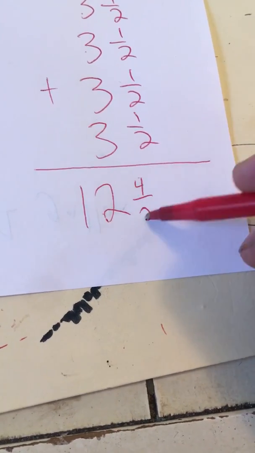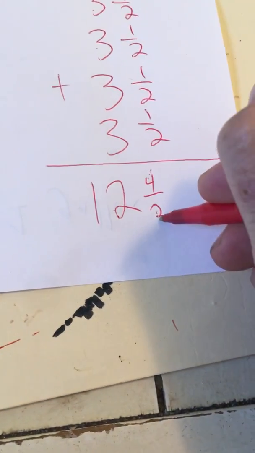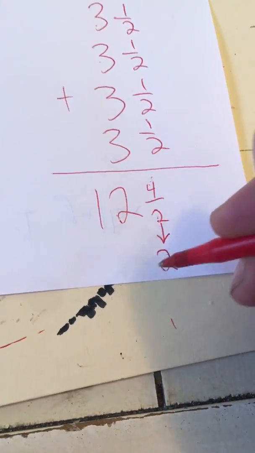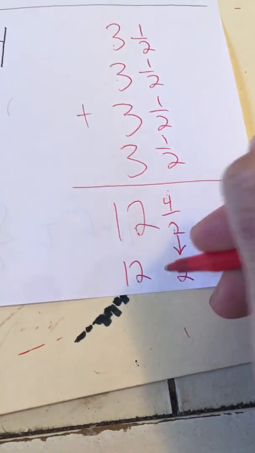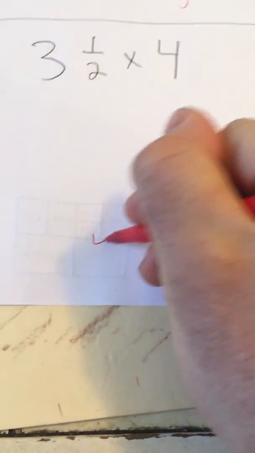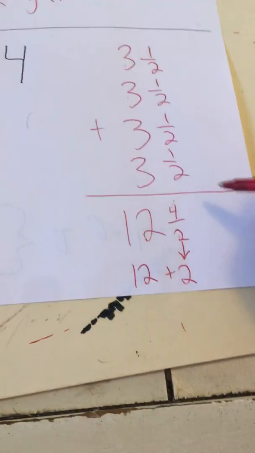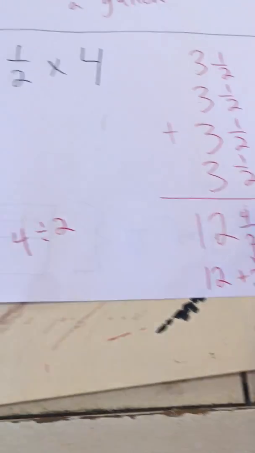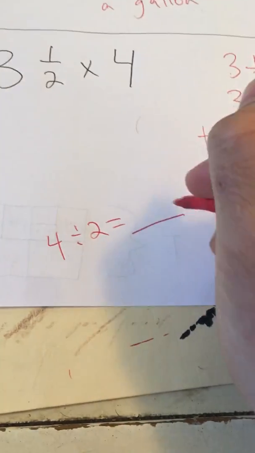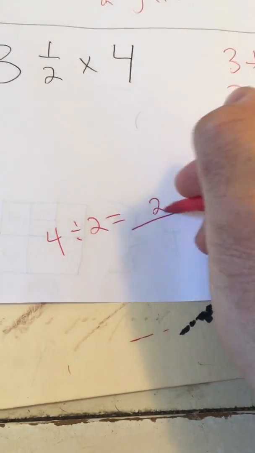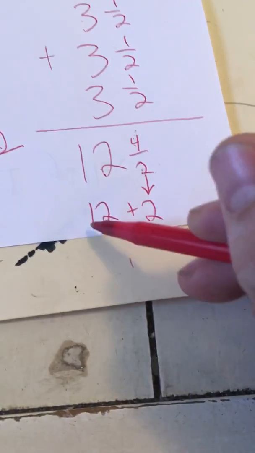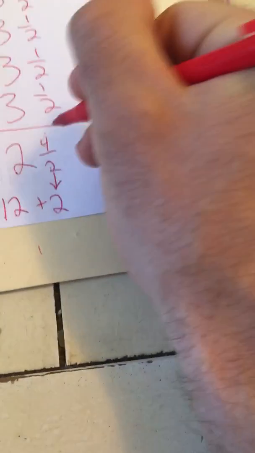4 halves is really 4 divided by 2. So 4 halves is actually 2. So we have 12 plus 2, because 4 divided by 2 is, what number times 2 gets you to 4? The answer is 2.